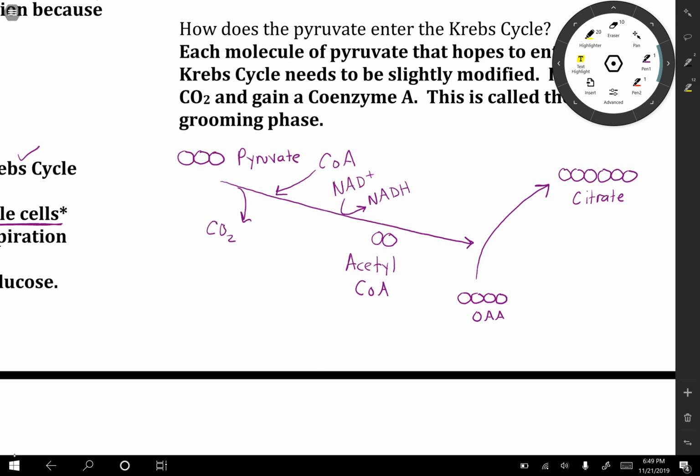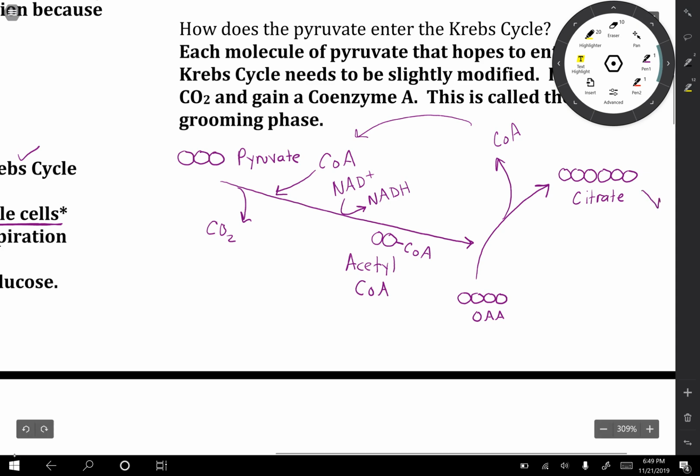So this acetyl-CoA is a 2-carbon molecule with a little CoA molecule on top. When it joins the Krebs cycle, the CoA is going to get kicked out, and it will eventually rejoin another pyruvate later. That's a beautiful cycle that happens just outside of the Krebs cycle. So now you have your 2-carbon acetyl-CoA minus CoA plus your OAA equals citrate.